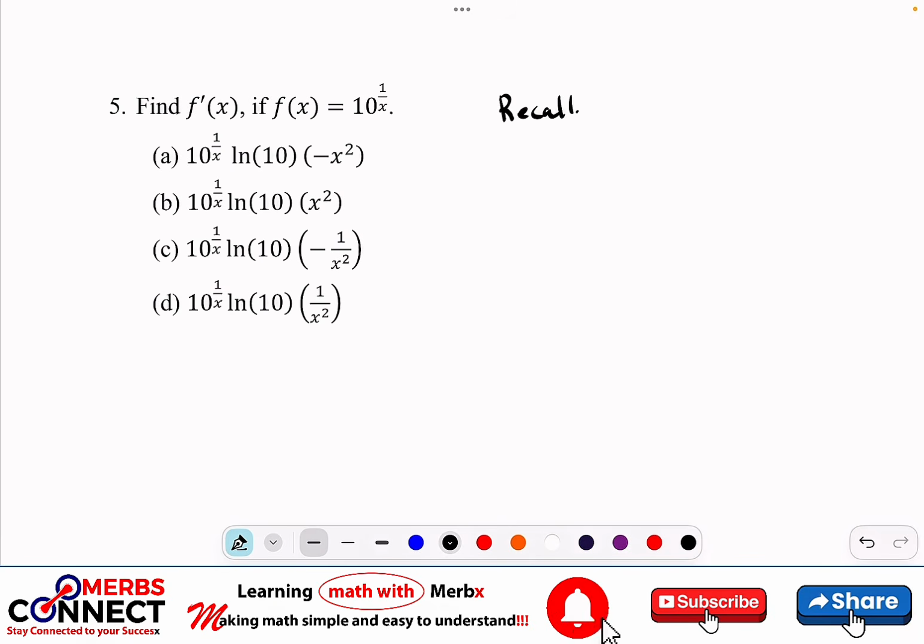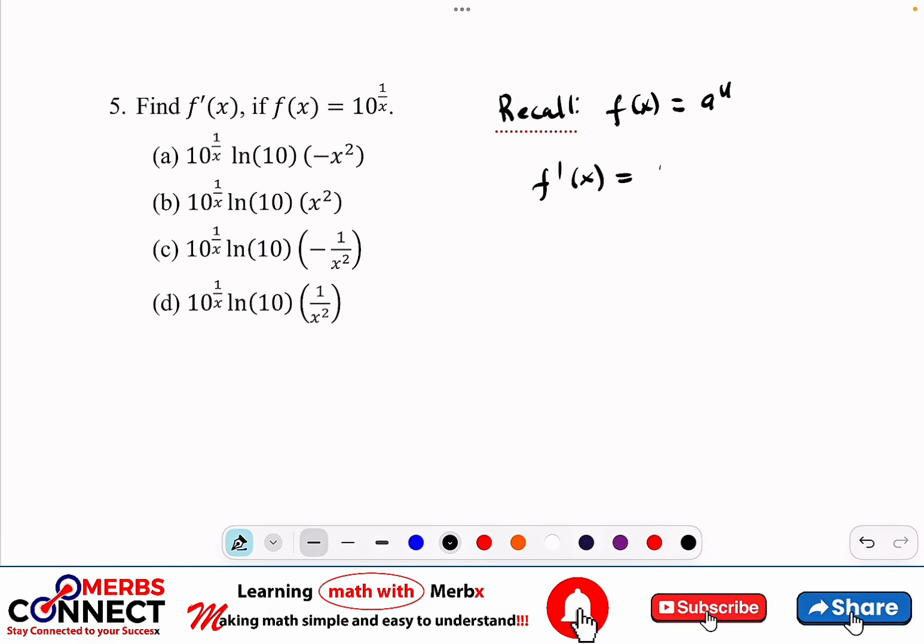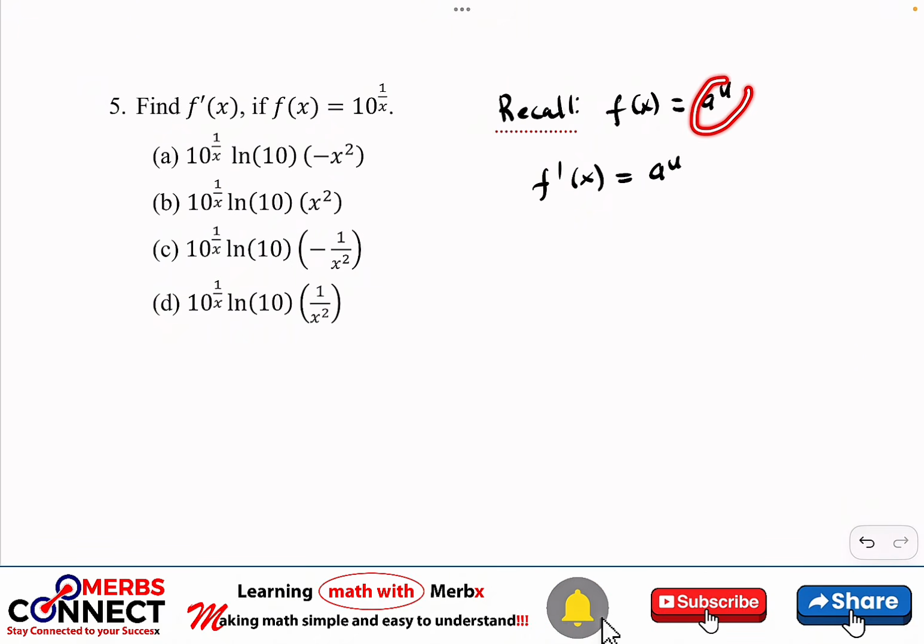So recall that if I have f of x, which is equal to a, which is constant, to the power u, then f prime of x is equal to, maintain the function. We take the derivative of what is on the top.